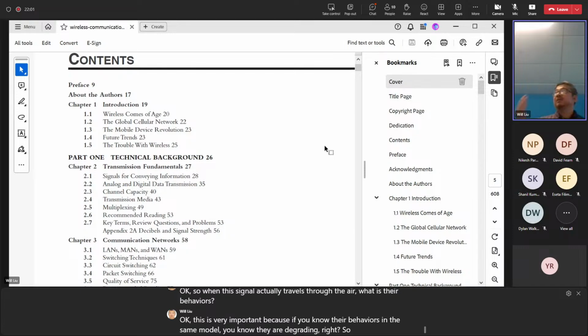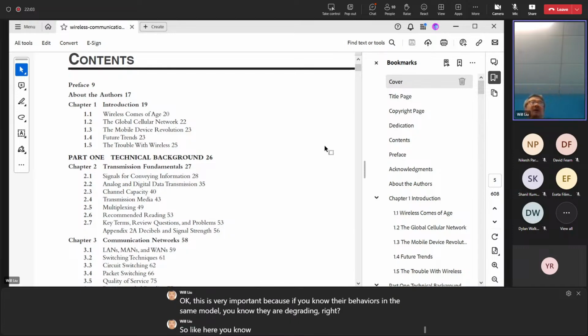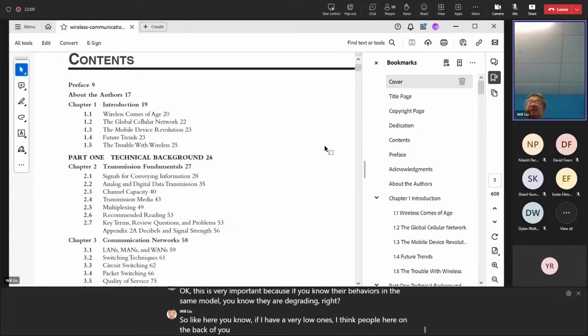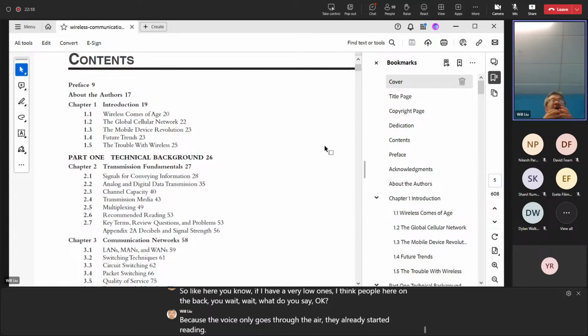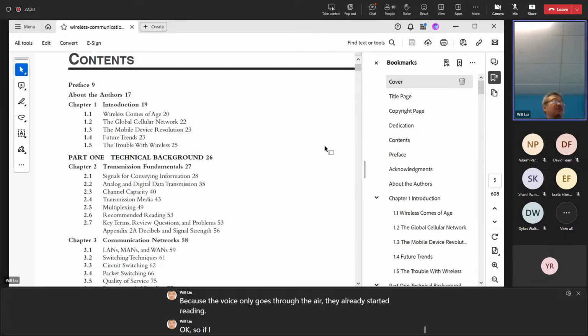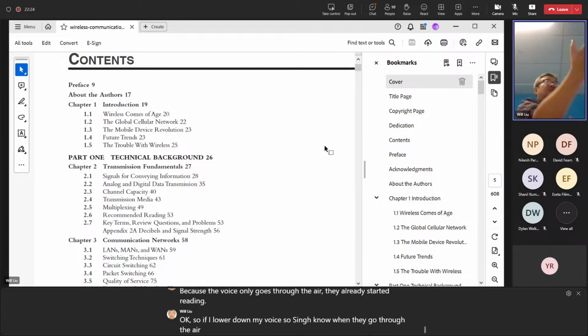Like here, if I have a very low voice, I think people at the back, hey, William, what do you say? Because when the voice goes through the air, it already starts degrading. If I lower my voice, the signal going through the air will be lower as well.